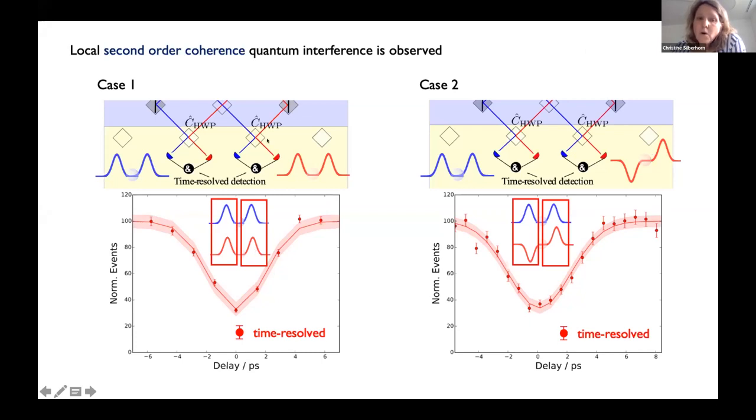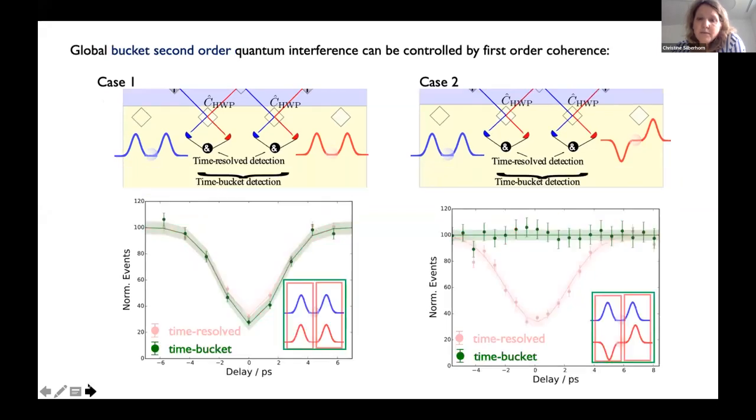Now, if you do the local measurements or time-resolved measurement and ignore one of the arms, so you see the red boxes, then you get nice time-resolved homomodal interferences back. The interesting fact appears, however, if you do a non-time resolved or bucket detection effectively. So you're asking simply if the red and blue photons are interfering non-locally nicely.